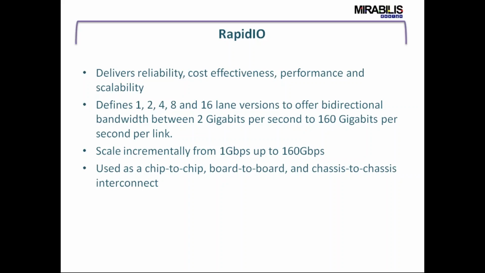Initially RapidIO was considered a successor to the processor interconnect technology, but now we can see its presence in a wide range of applications, all the way from computing, defense, networking, avionics, and even 5G base stations of the communication technologies.